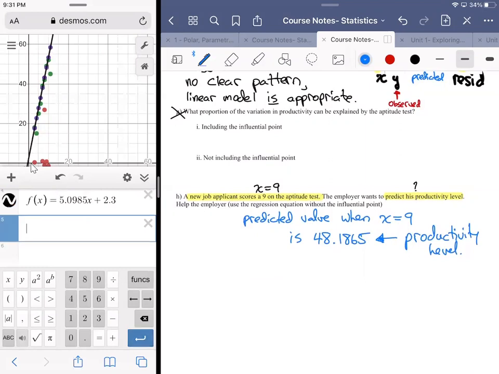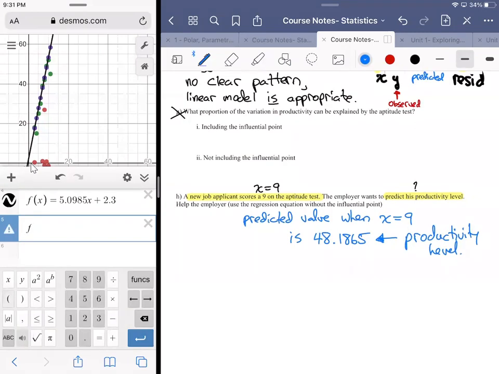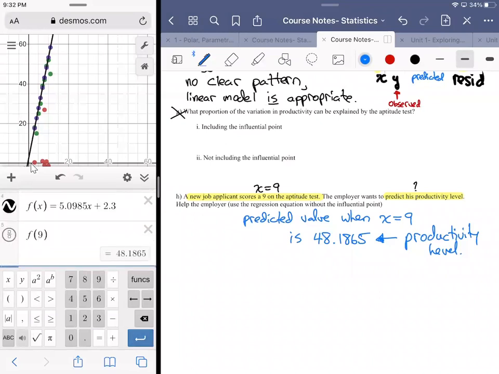So that's the linear model. And then we can evaluate it for when X is equal to 9. So f of 9. And you can see that we get the value. We did this already, but now we're tackling it using a slightly different strategy.